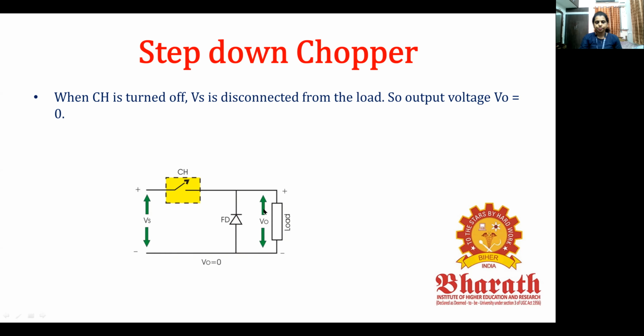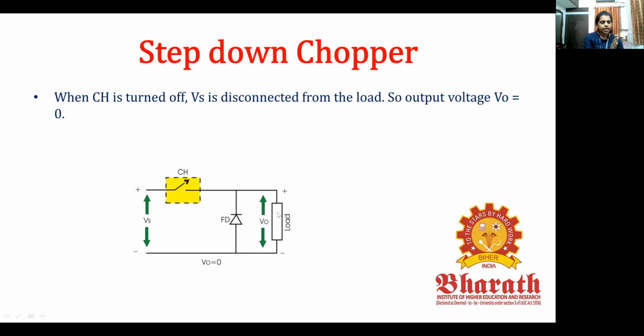So there is no flow of current through this circuit. If I have some energy storage elements on the load side, that alone will be discharged through this freewheeling diode. Otherwise, there is no connection between the input and the output, so my output voltage will be equal to 0.